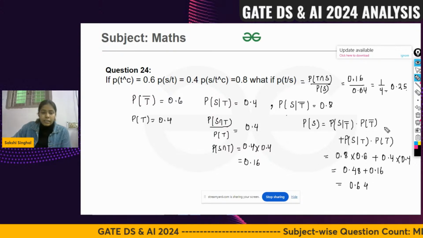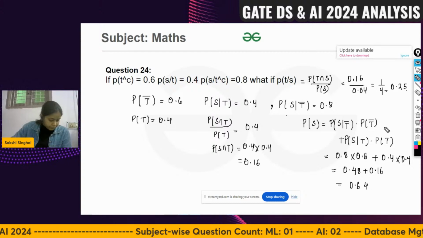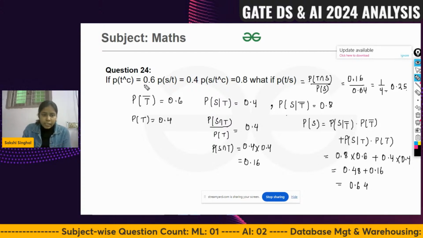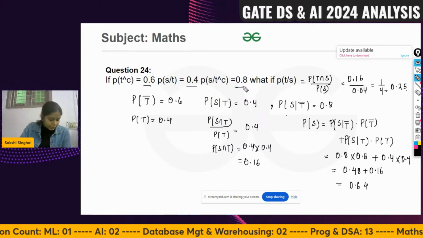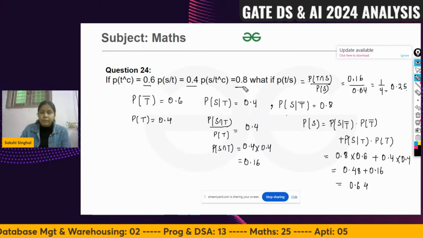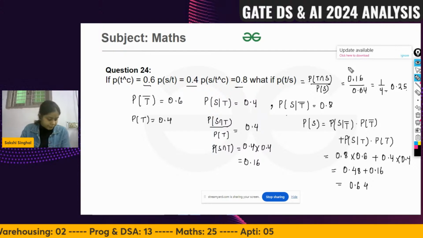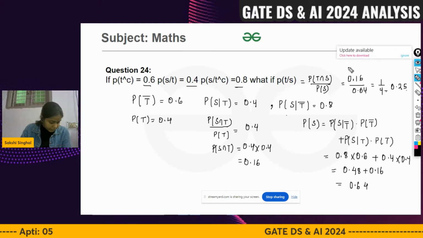Anyone in the chat section, guys? Any of you have done this question correctly? Just tell me whether these numbers are correct: 0.6, 0.4, 0.8. These are the probabilities given. Okay. Getting 0.33.